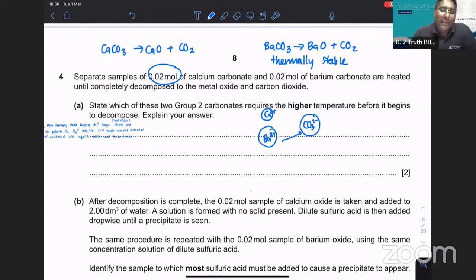If it is not distorted, the bond between carbon and oxygen is less weakened. So it is less polarized, and the bond is less weakened, compared to calcium. Calcium is smaller, so it will polarize more. So that is going to be the explanation.